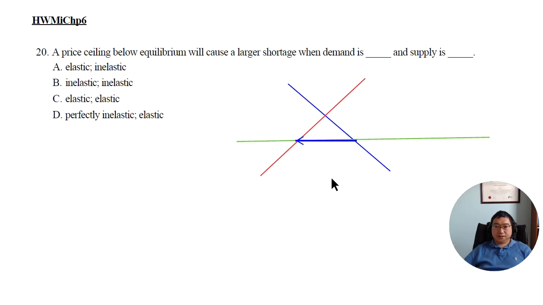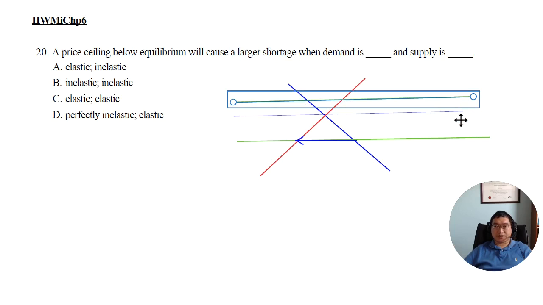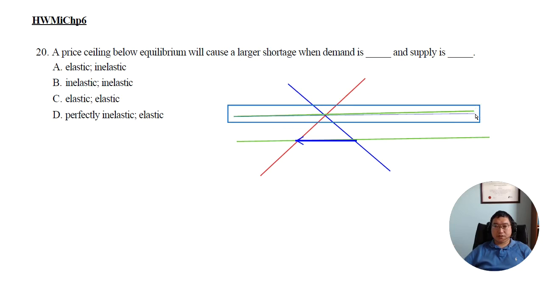All right, so we have this shortage. Now we want a larger shortage. And the larger shortage means what? The change in price. Again, I will have this equilibrium price here, and the decrease in the equilibrium price level.